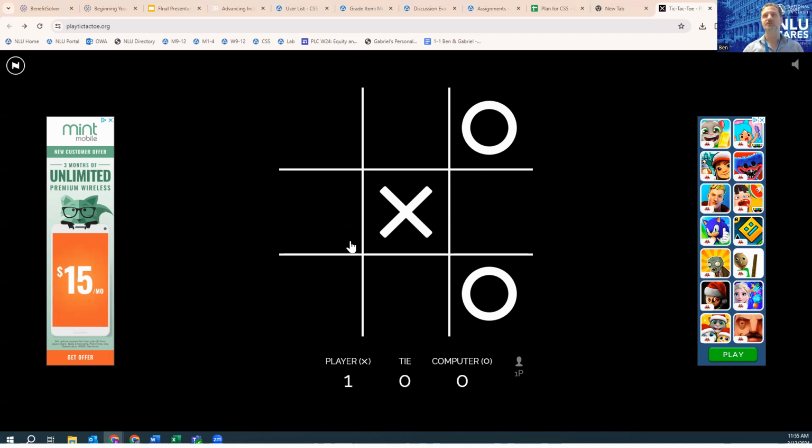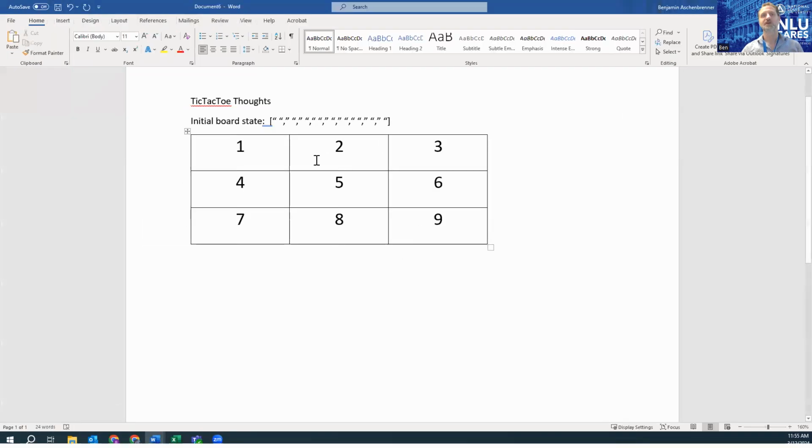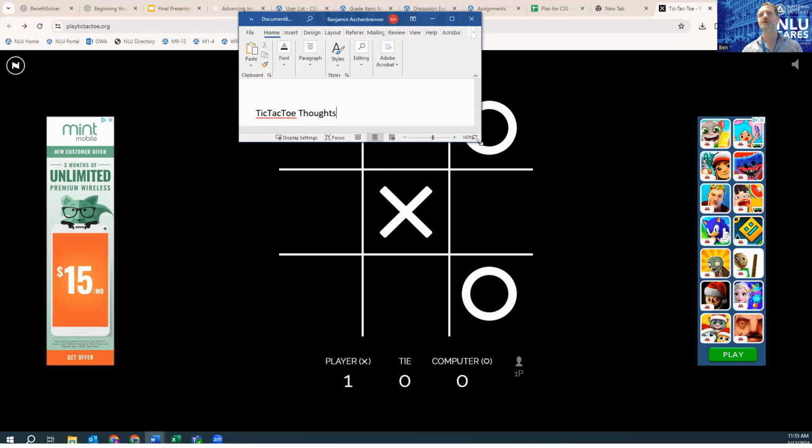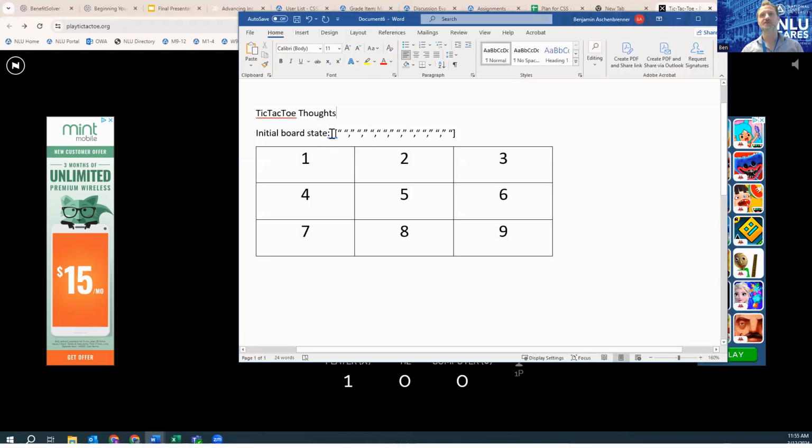So let's go over here to this Word doc, and I'm going to pull up a couple of things. The first thing is that typically we would think about the board as an array. So, for instance, the initial board state would just be an array of strings.